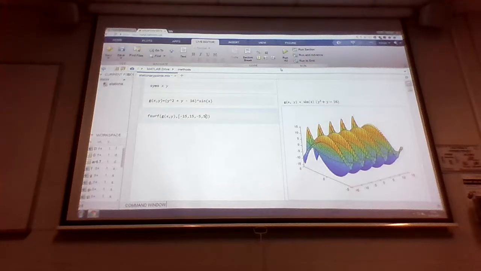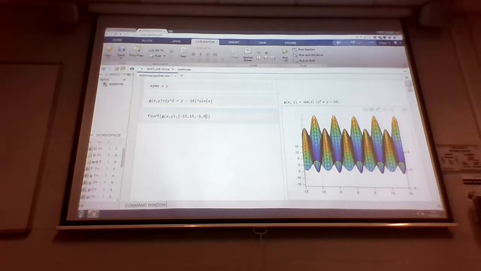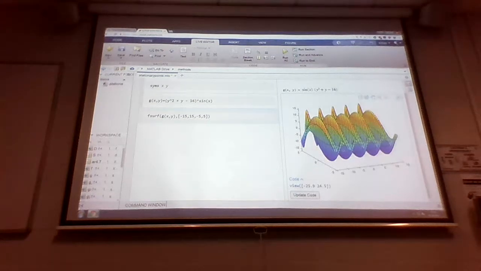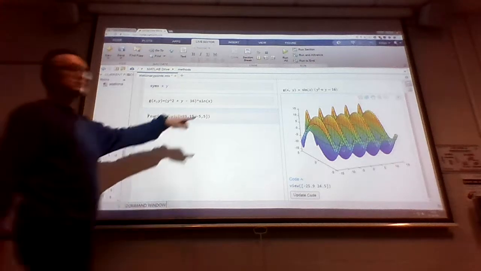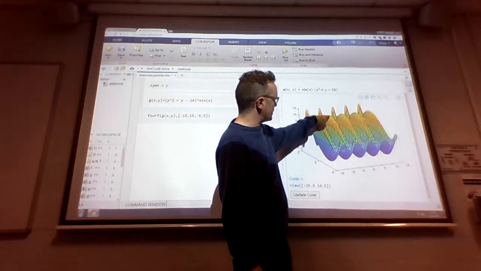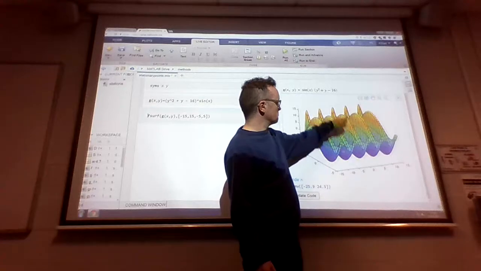Okay, so you can see that wave of what looked like maximums and minimums continues, seems to repeat itself along the axis there. Okay, so you can spin the surface around and inspect the surface plot a little bit, but it certainly seems that along this central line, we've got alternating local maximums and minimums.